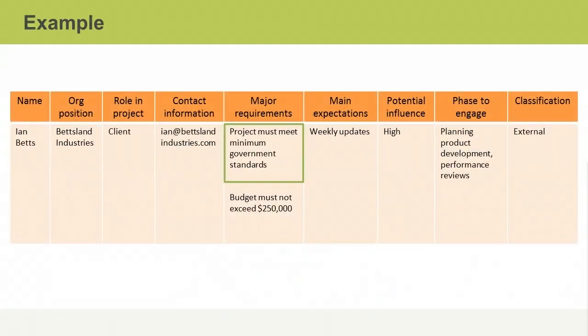In this example, the project manager notes that for the client, Ian Betts, the most important requirement is that the project meet minimum government standards while not exceeding the budget of $250,000. The project manager records in the Communications Management Plan that she will report any changes in the legislation to Ian immediately and also send him weekly cost performance reports.